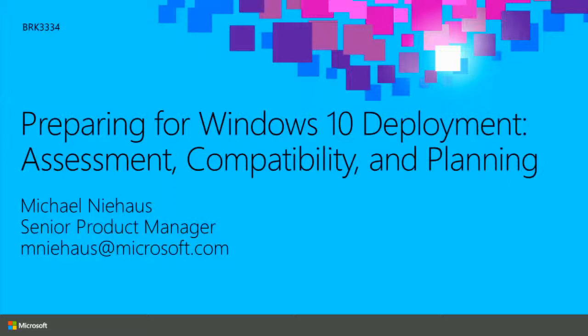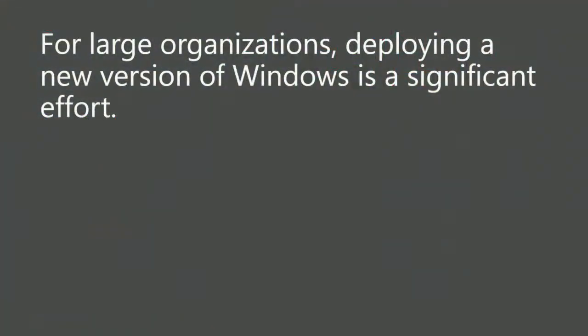So let's jump in. First, with just a general premise that for large organizations, deploying a new version of Windows is a lot of work. I'm sure everyone in the room can agree with that. Just to get a feel, how many of you have more than 1,000 devices in your organization? Most of the room.